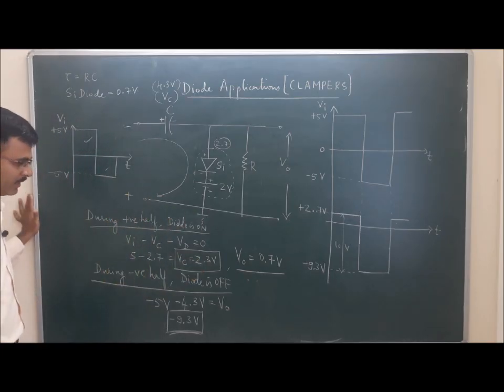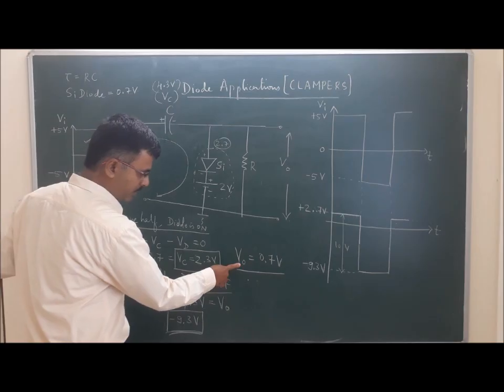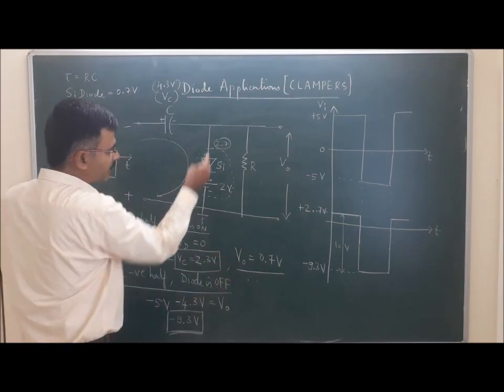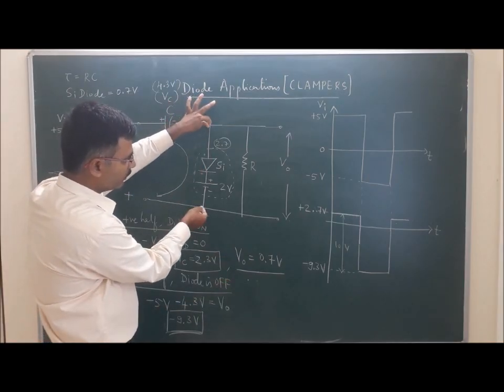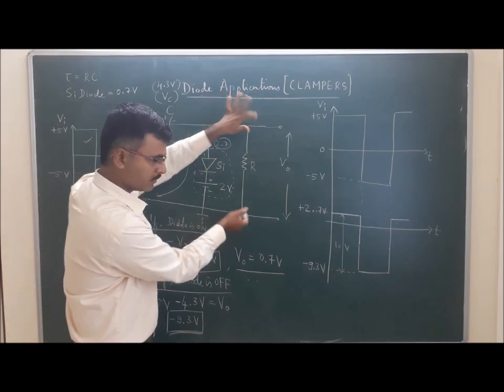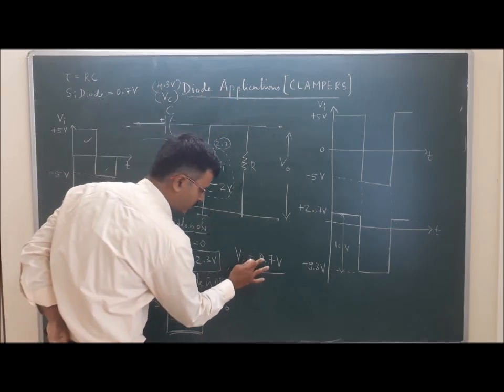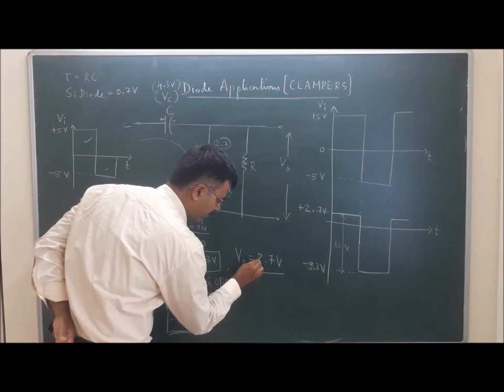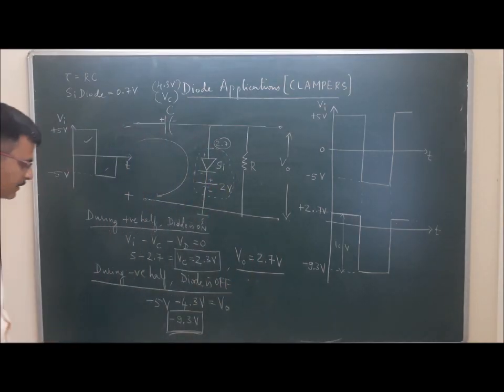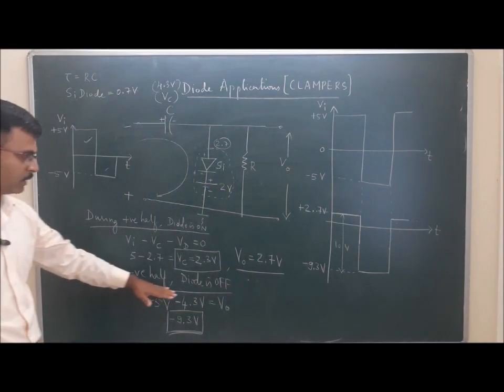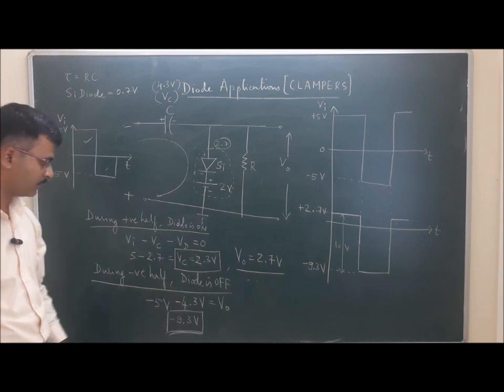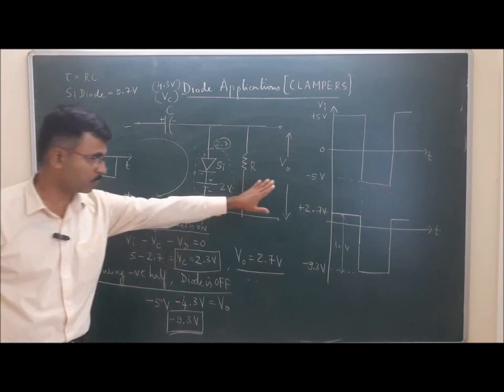Right? Okay. Then what about the output voltage? Well, the output voltage is nothing but the drop across the diode, which will be the same across the resistor. So instead of 0.7 it will be 2.7 volts. Well, during the negative half, the diode is off. So what will be the output appearing?